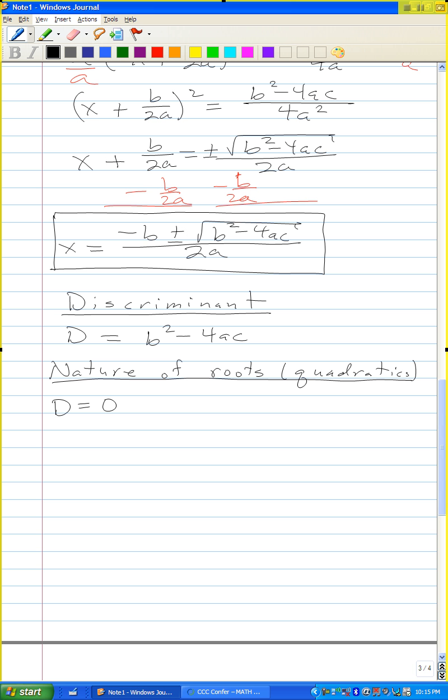Well, the square root of 0 is 0, and therefore we have a single double root. So I have that my two roots are actually the same root. Well, I'll say two equal roots. And so that is called a double root.